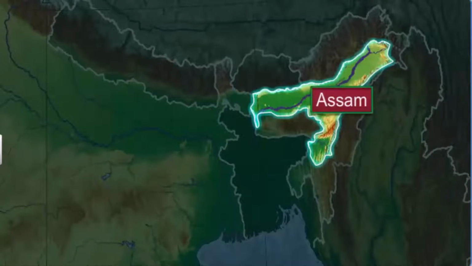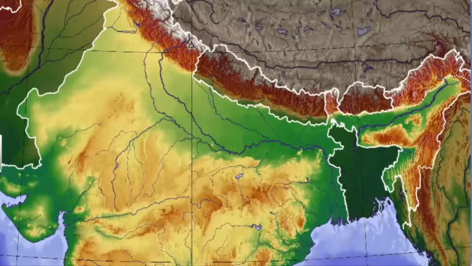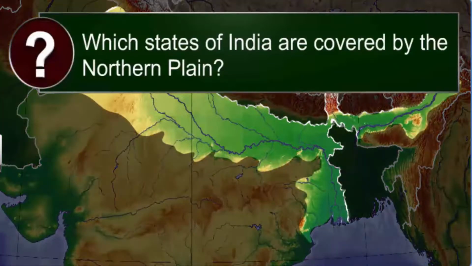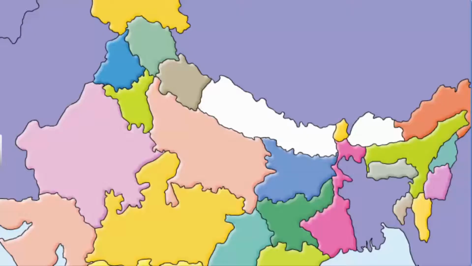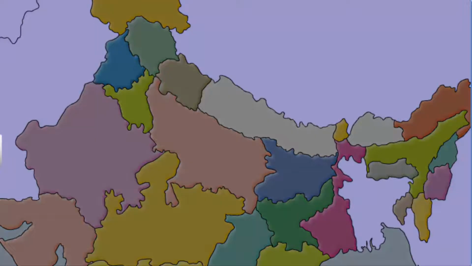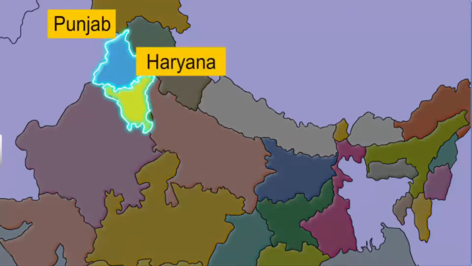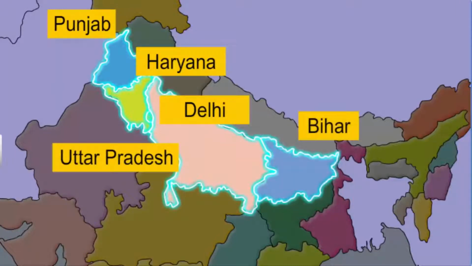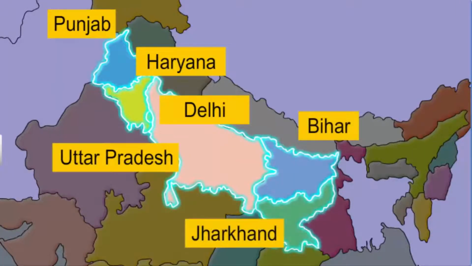So, which states of India are covered by the northern plain? The different states that fall under the northern plain are Punjab, Haryana, Delhi, Uttar Pradesh, Bihar, parts of Jharkhand, and West Bengal, and Assam.